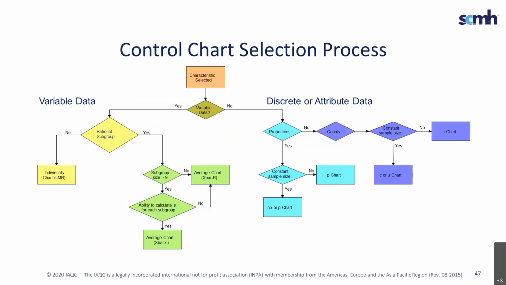If it's individual, no. If the subgroup size is greater than 9, use an X bar and S; if it's not, use an X bar and R. If it's attribute data, use proportions. You either have counts or you have defect proportions, so you can use either a count chart or a P chart. But those are just the standard ones to use.